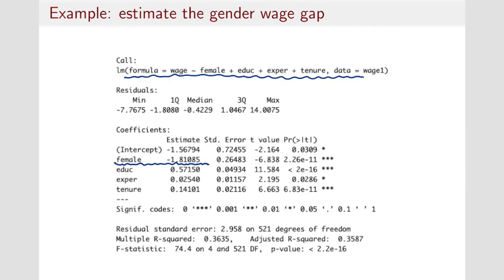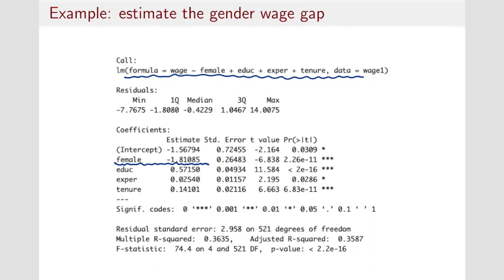We are particularly interested in the coefficient for the dummy variable female. This coefficient measures the hourly wage gap between a male and a female who have the same levels of education, experience, and tenure. According to the estimation, if we take a female and a male with the same level of education, experience, and tenure, the female earns on average $1.81 less per hour than the man.